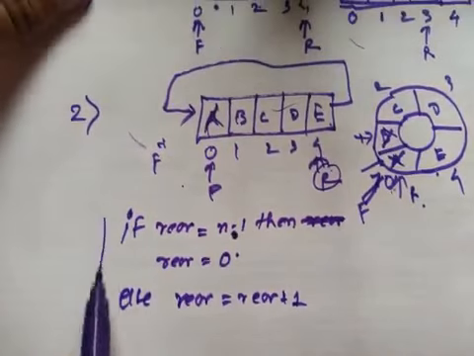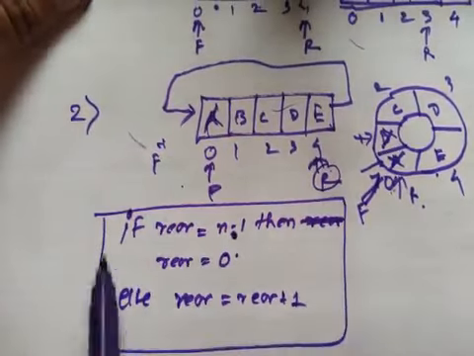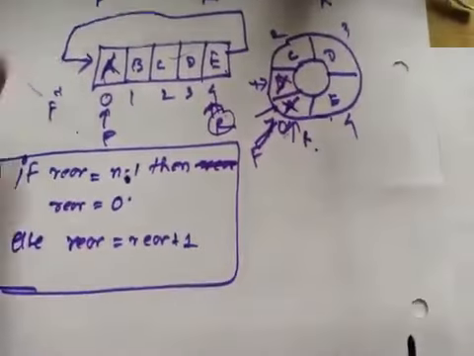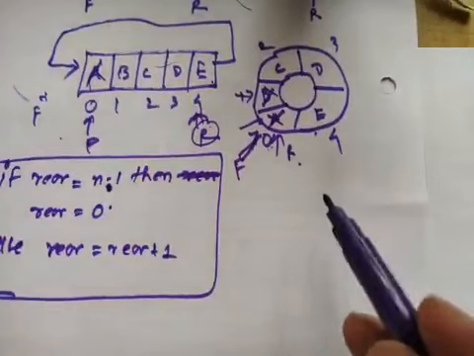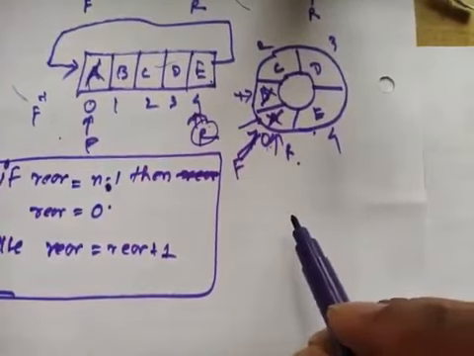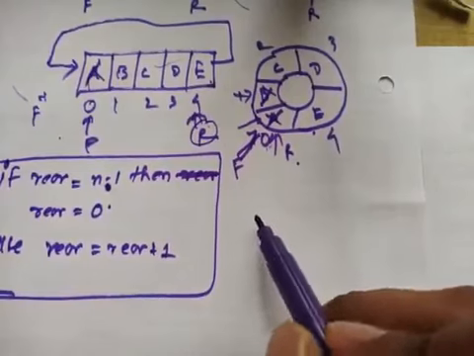Instead of writing this logic in our code, we are going to use simply the modulus operation to find the next position of rear and front.